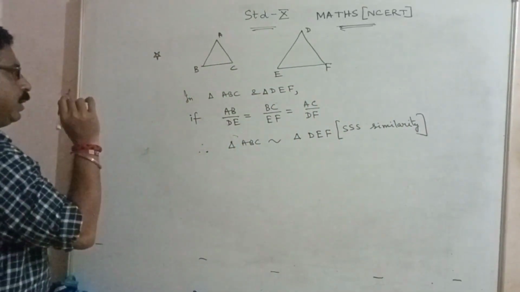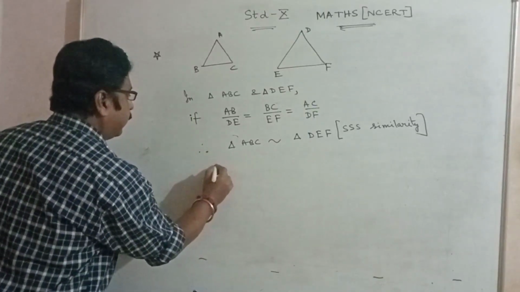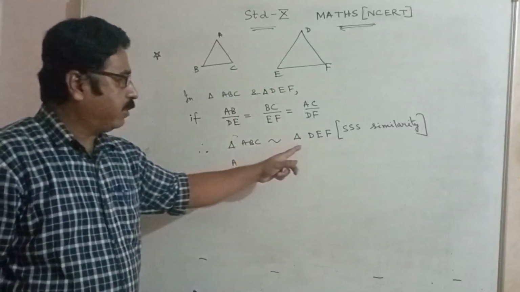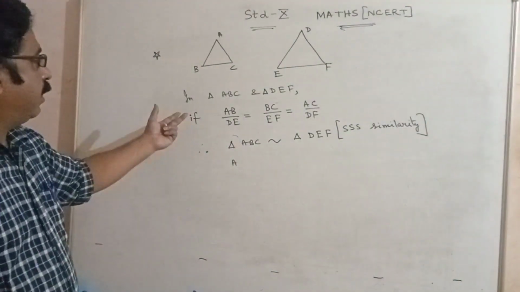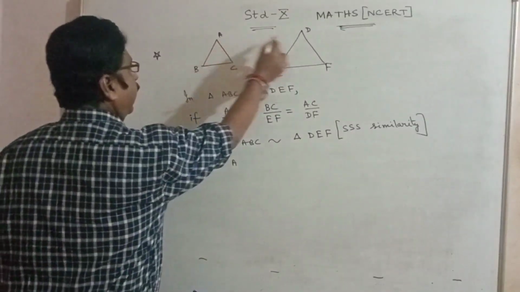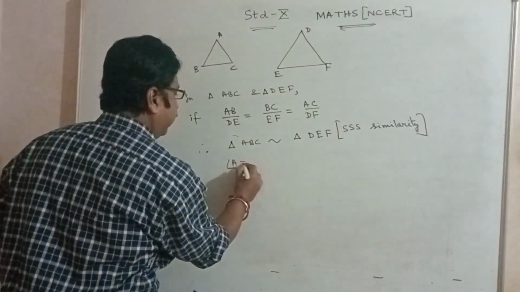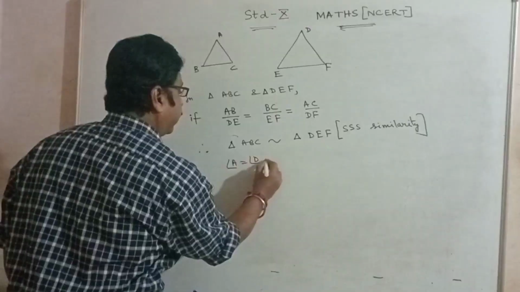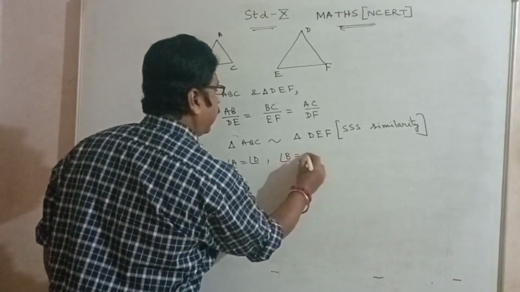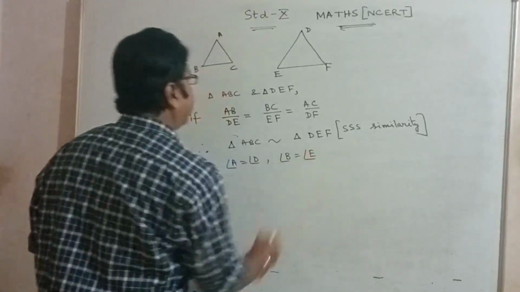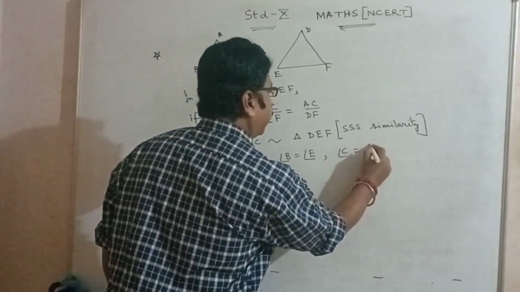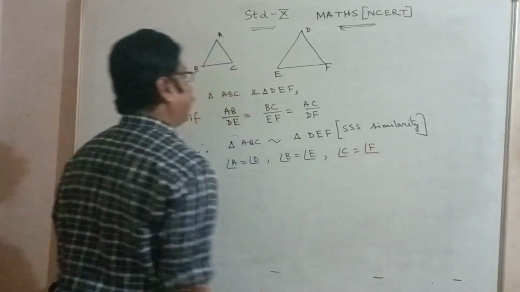If it is true, then if triangle ABC is similar to triangle DEF, then corresponding angles will be equal. What are the corresponding angles? A and D. A will be equal to D. B is equal to E and C is equal to F.